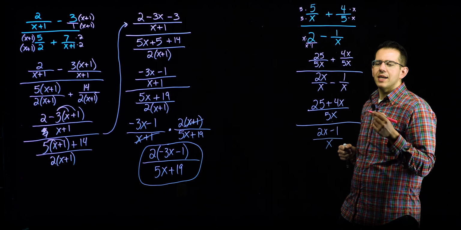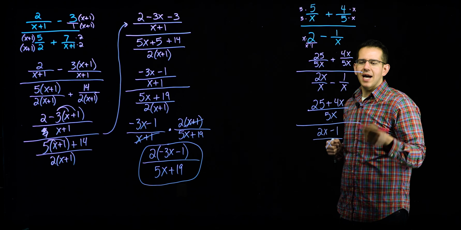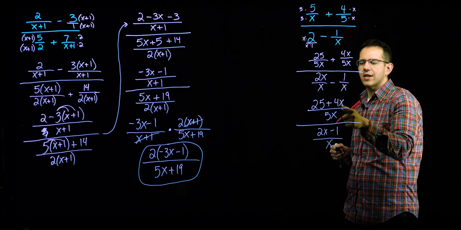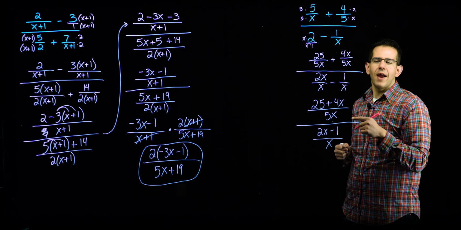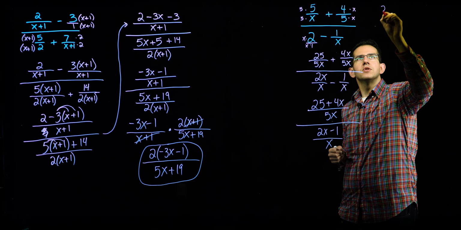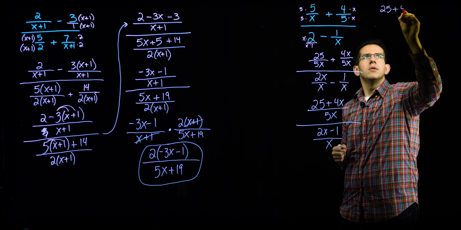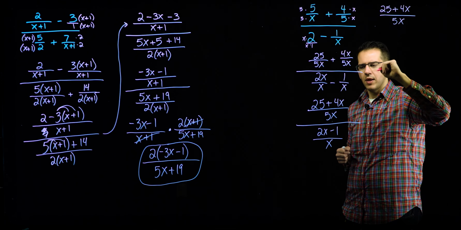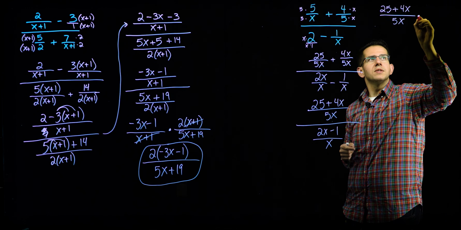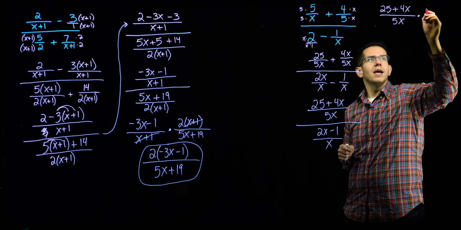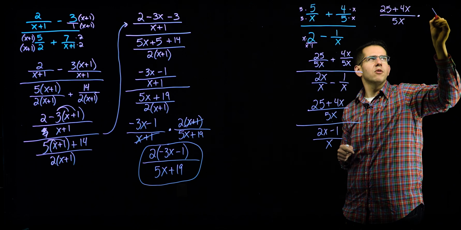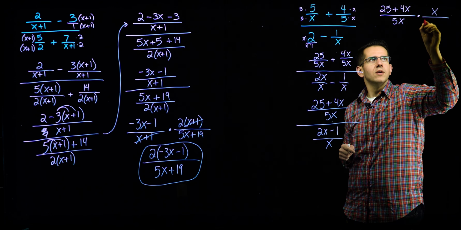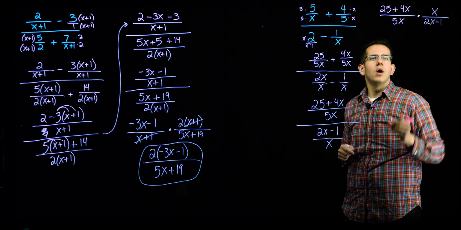And again, we can now apply the copy-flip method. We have a whole fraction divided by another whole fraction, so we copy the first one, 25 plus 4x over 5x, and instead of dividing, we multiply by the reciprocal of the denominator, which is x over 2x minus 1.